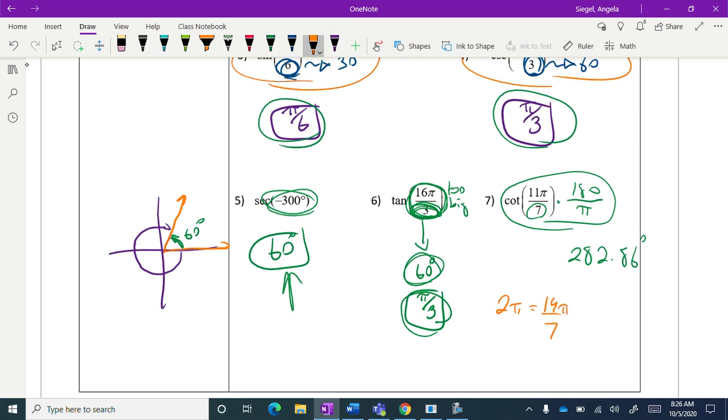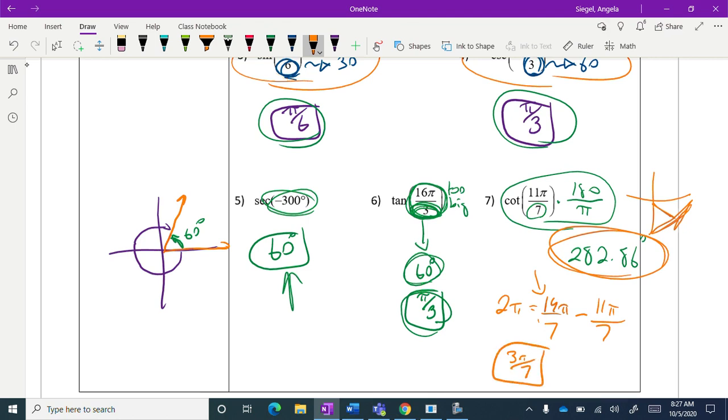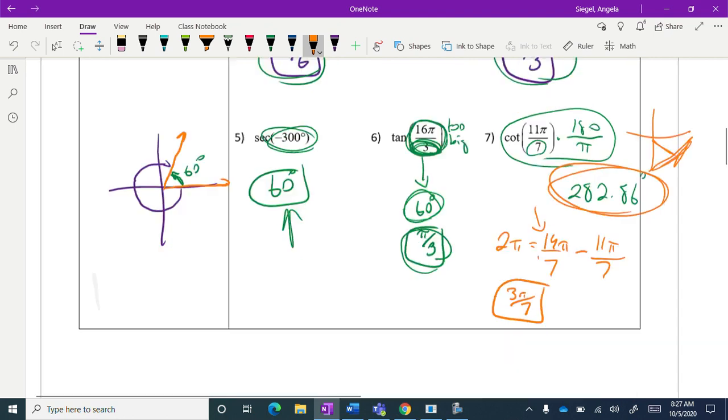I went there because I knew that this was in the fourth quadrant, so it was somewhere between 270 and 360. So I wanted to take this fraction here and find the difference between my angle and that fraction. That ended up being 3 pi over 7 for my reference angle. So some of these are kind of puzzles, and I just wanted to point that out.